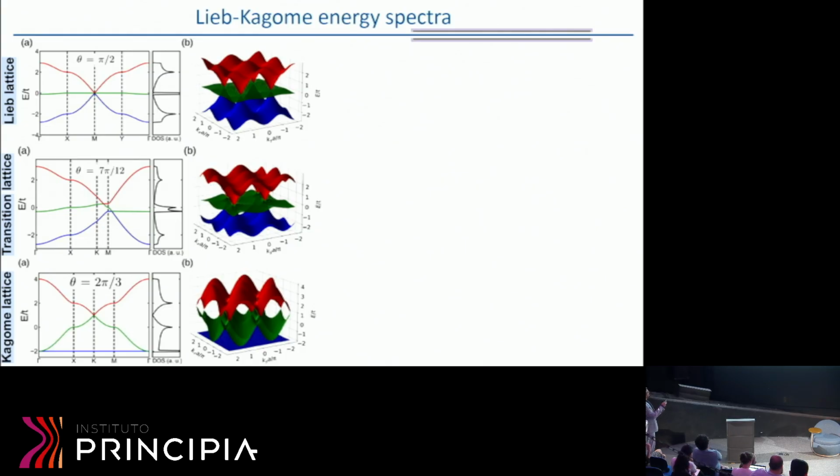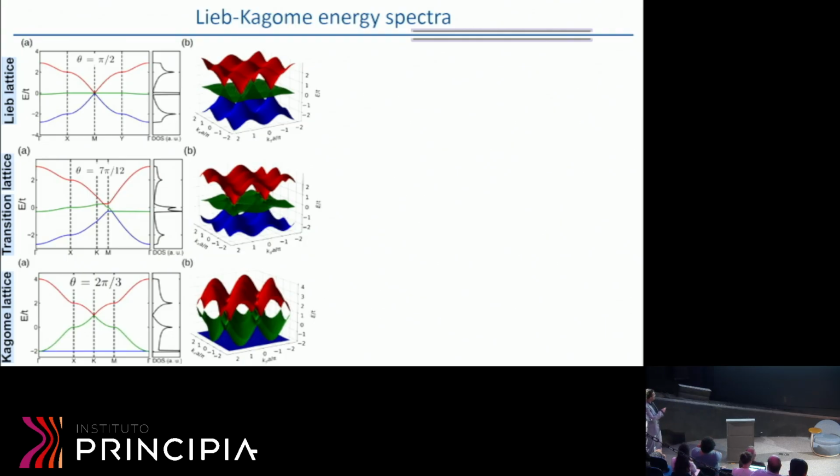So in the morphing, you can see that for the Lieb lattice, you have a triple degenerate point at M that splits into type 1 and type 2 tilted Dirac cones until it becomes just one double degenerate, just one Dirac cone, with the flat band going down.